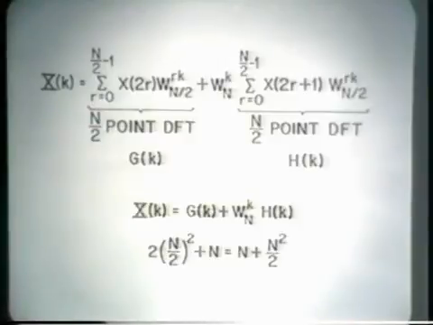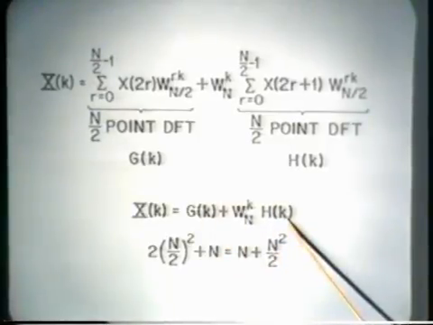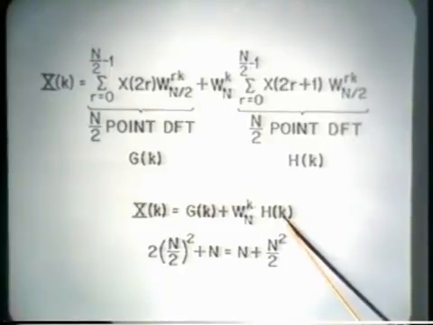Now, one minor point to be made. In combining these two together, I commented that k has to run from 0 to capital N minus 1. That is, there are n different values that k ranges over.